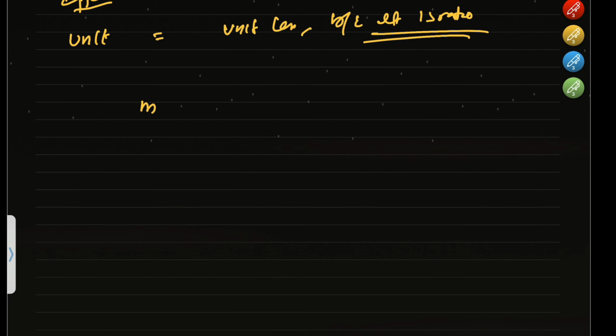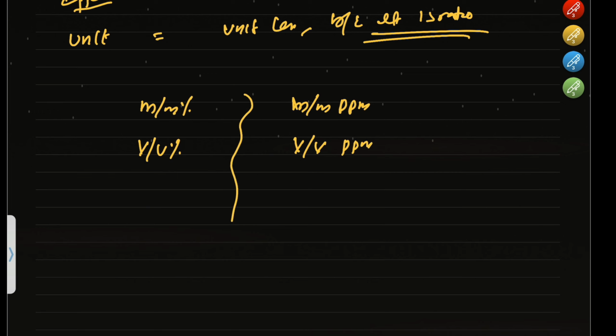For example, m by m percent becomes m by m ppm, v by v percent becomes v by v ppm, and mass volume percentage becomes mass volume ppm.